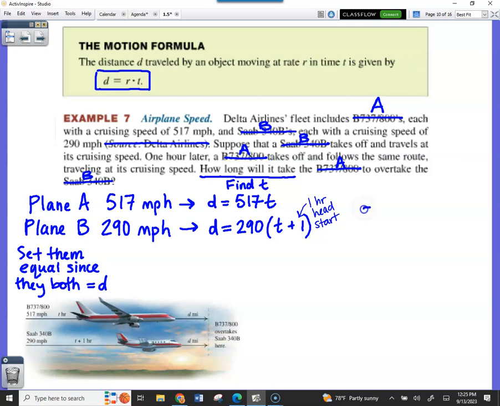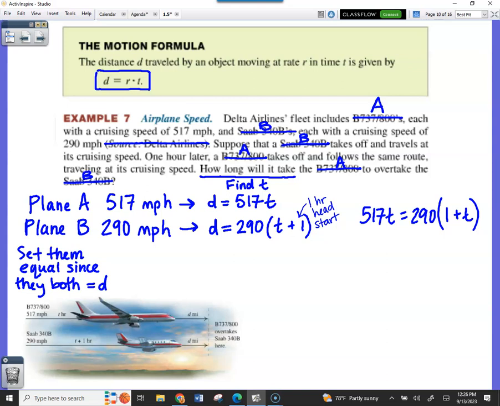All right, so we're going to set it up. We got 517t equals 290 times (1 plus t). We're going to solve this. You will get a decimal. You're going to round to the nearest hundredth.